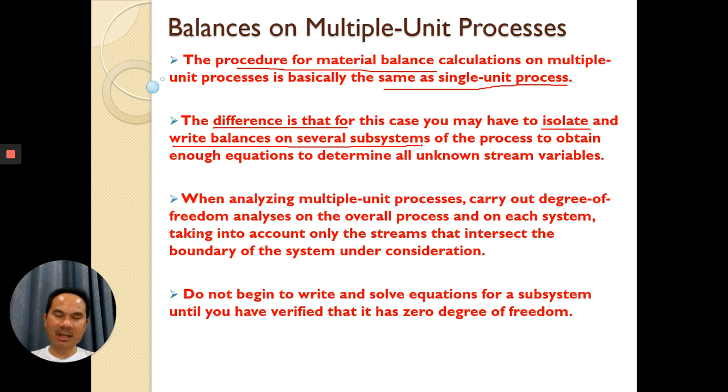You can do the mixture, the separator, unit 1, unit 2, to obtain enough equations to determine all unknown streams. And you also have to carry out degree of freedom analysis, the same as for a single unit process. You can carry out degree of freedom analysis on the overall process, on each unit, or on a mixture of units.